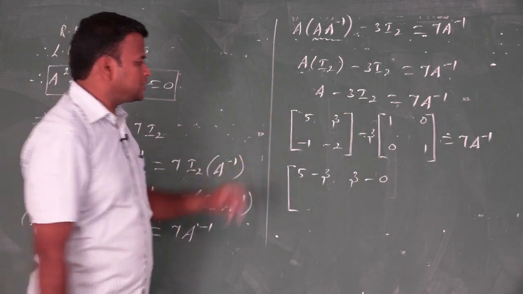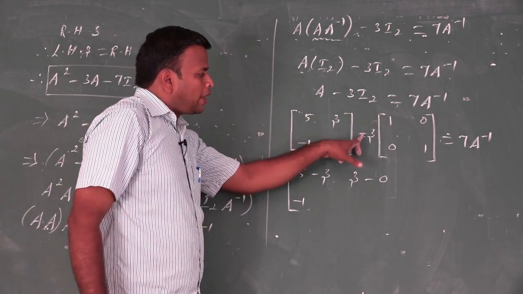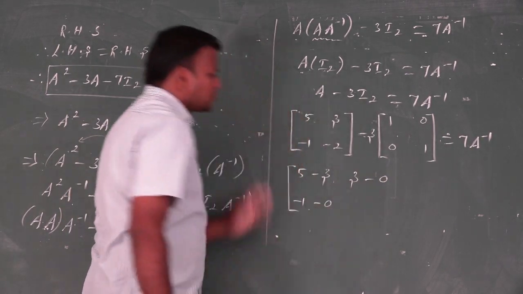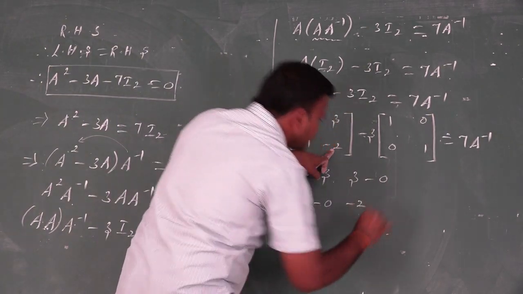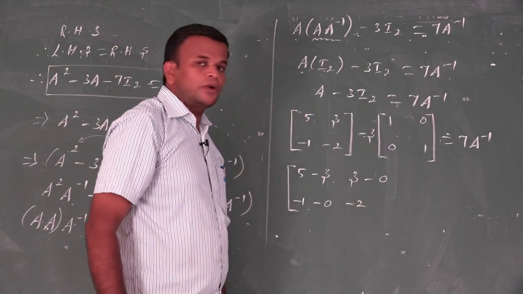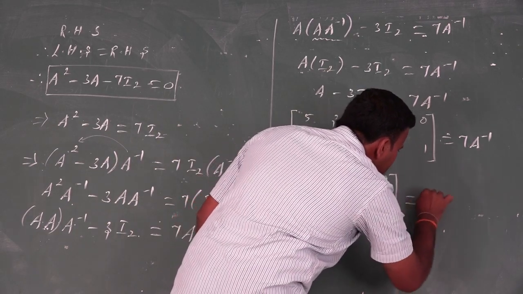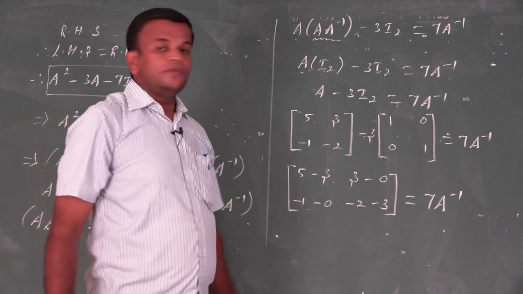Next minus 1, minus 3 into 0 is minus 0. Moving on, minus 2, minus 3 into minus 1 is plus 3, is equal to 7 into A inverse.